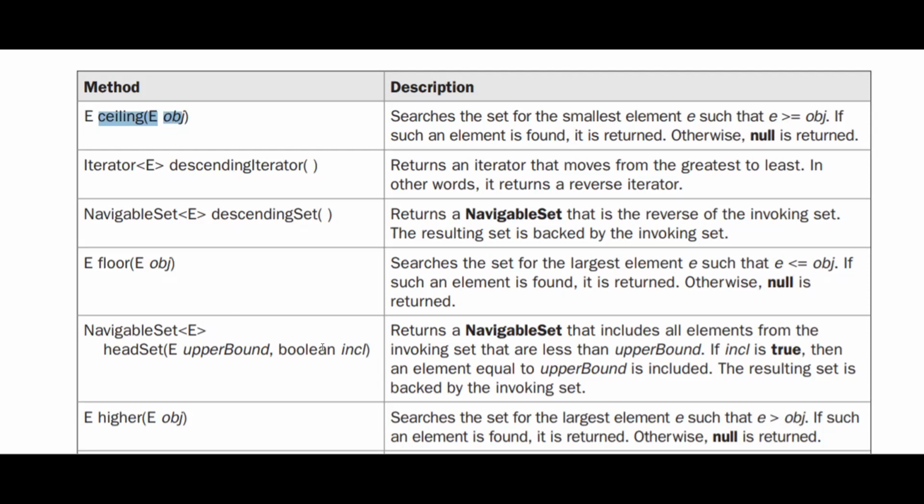But here there is one boolean parameter that we can pass that will control whether to include this upper bound element or not. If it is true, then the element that is equal to the upper bound will be included in the result. So similar to the sorted set headSet, it is from the starting till this upper bound, and whether to include the upper bound element or not, we have to pass over here.